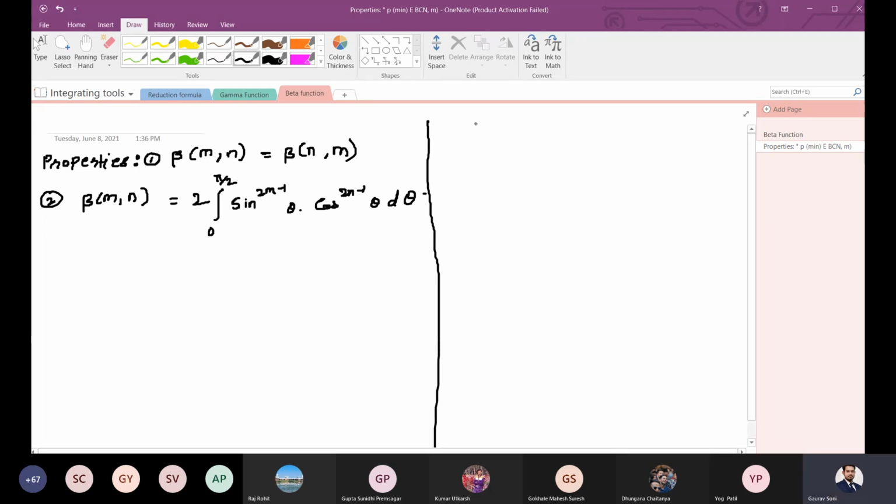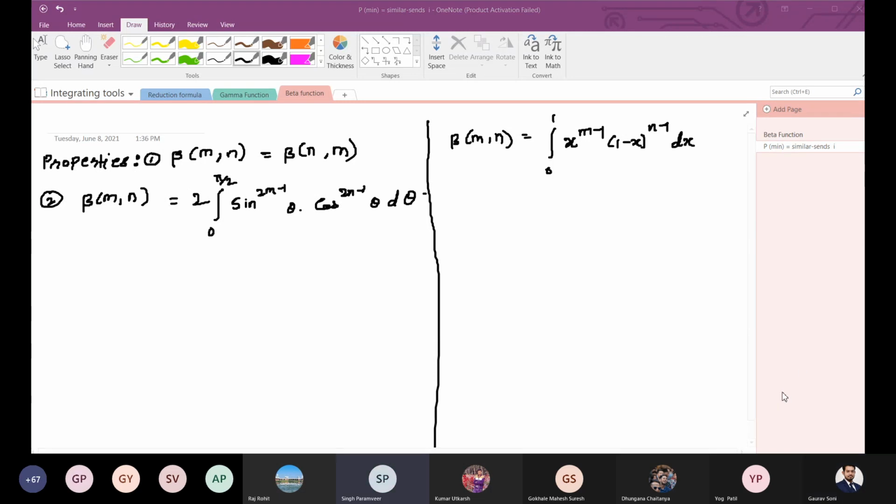Yes, anyone who can suggest some proper substitution in order to get this? What is beta of m comma n, integral 0 to 1 x raised to m minus 1, 1 minus x raised to n minus 1 dx? Yes, what substitution can we do here?